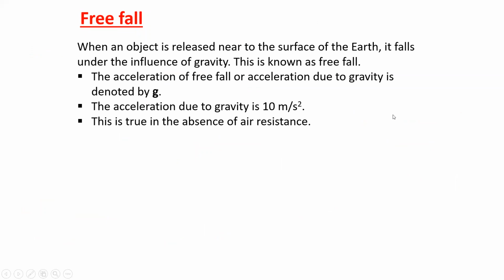The acceleration of a free fall, or acceleration due to gravity, is denoted by letter g. On different planets it has a different value, but on earth it is 10 meter per second square, and this is only true in the absence of air resistance. If air resistance is there, the acceleration will not be 10, it will be less than 10.